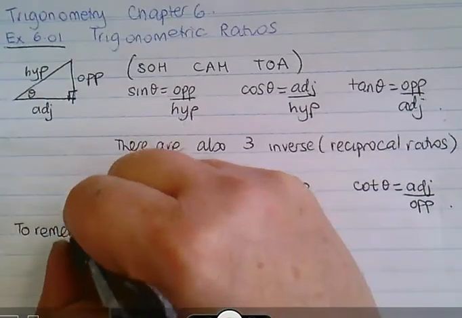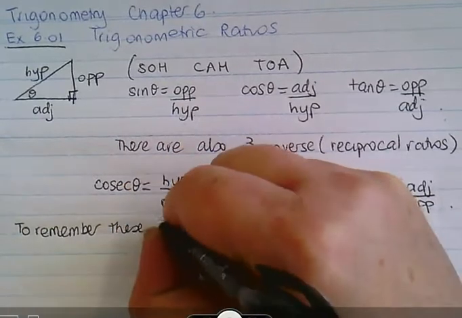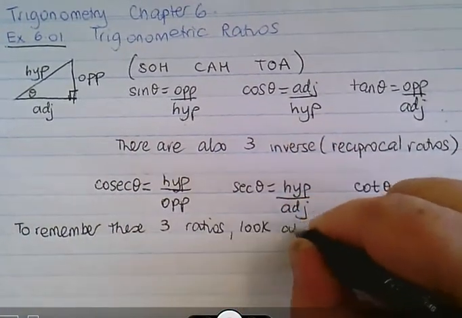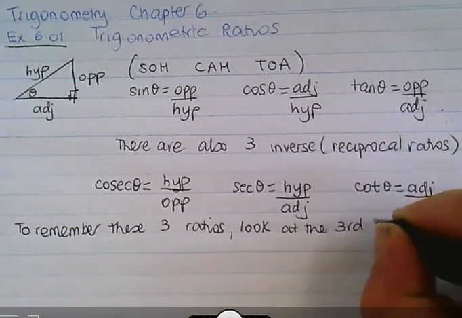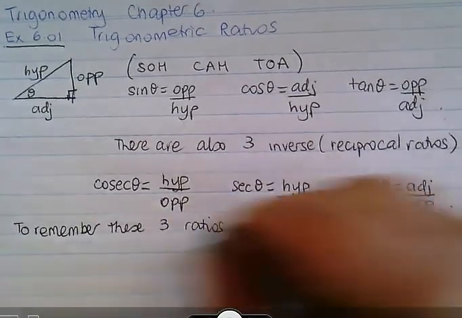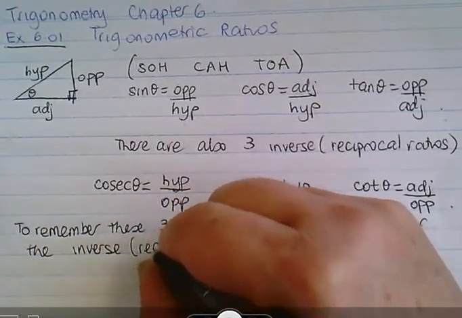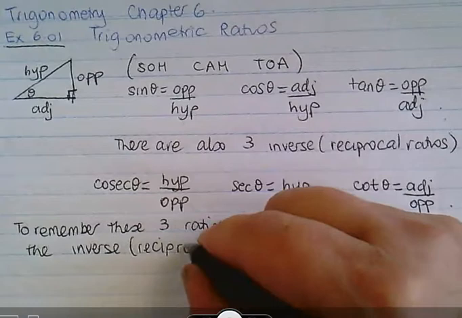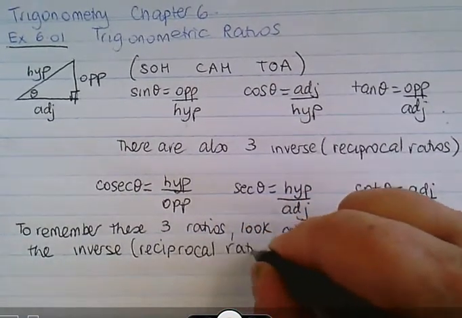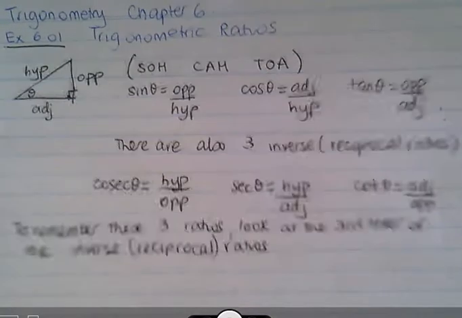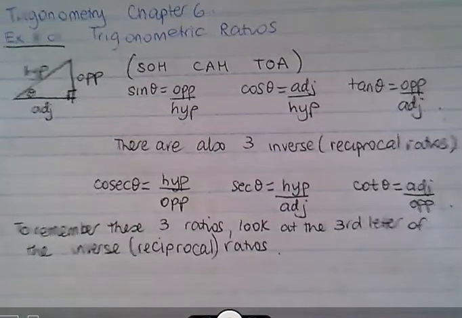So to remember these three ratios, look at the third letter of the inverse or reciprocal ratios. You don't look at the third letter of the original ones. You look at the third letter of the reciprocal ratios. So the third letter of cosec is what?